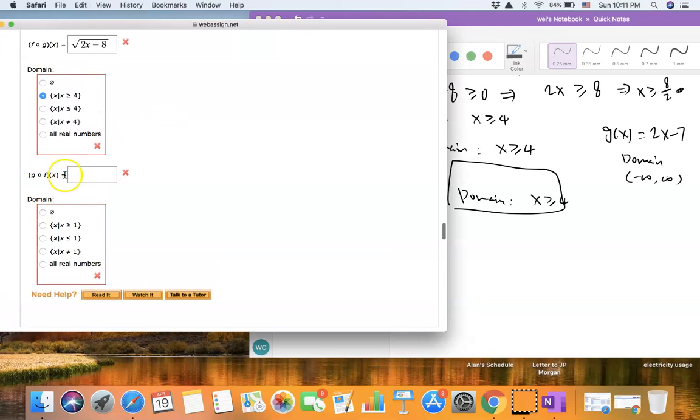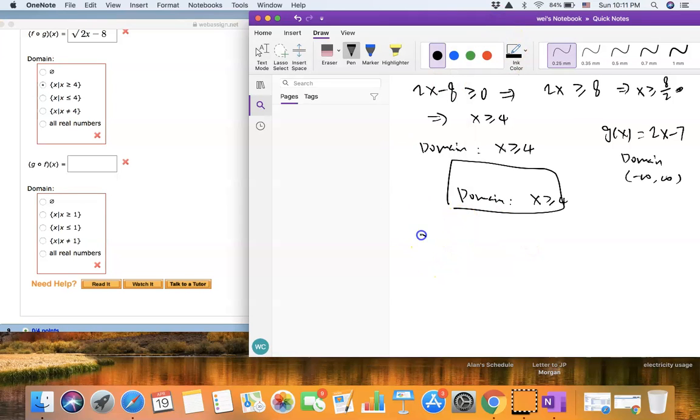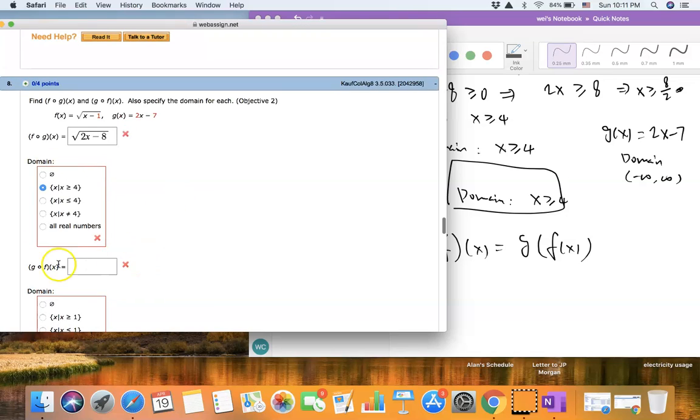Now g of f(x). To find g of f(x), I'm gonna replace the x by f(x).